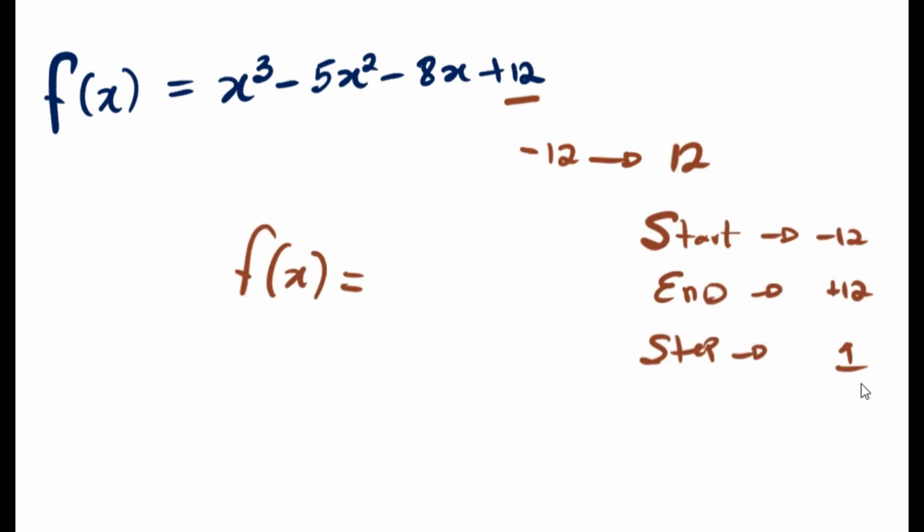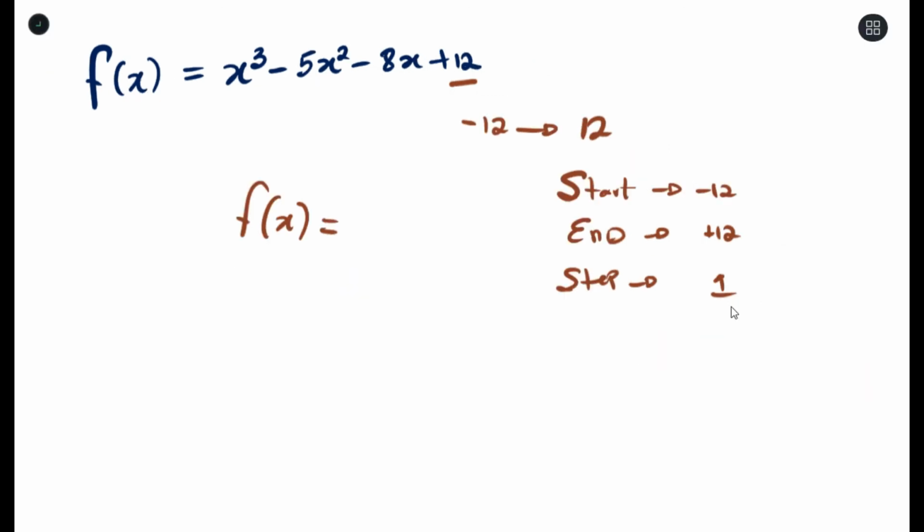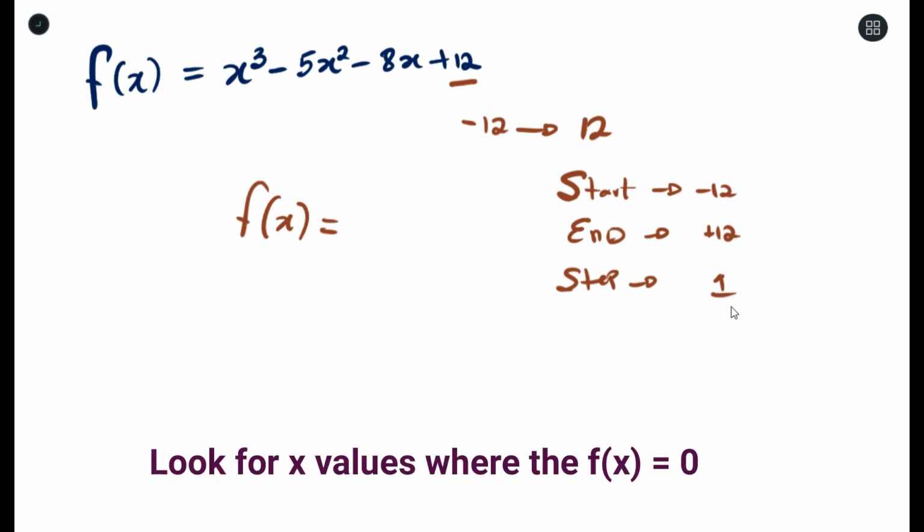Now, it's going to give you a lot of values. You have negative 12 being negative 2340, negative 11 being negative 1836. So what it actually does is that it takes each number from negative 12 to positive 12 and substitutes it into the equation for you. So you just need to scroll down and look for the values for x where f(x) is equal to 0.